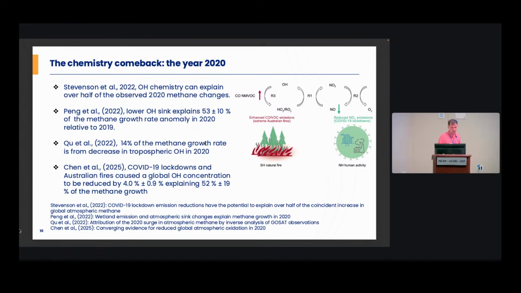Chu et al. is estimating that only 14% of the methane growth rate is due to OH in 2020. But the other 3 are estimating a role of OH that is more than 50% of the methane growth rate. Knowing the importance of methane emissions, this is a very important statement for methane budgeting.